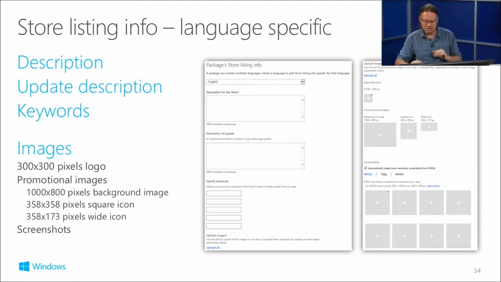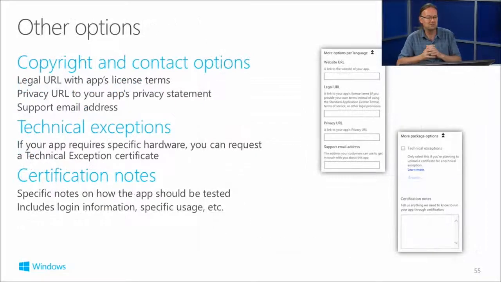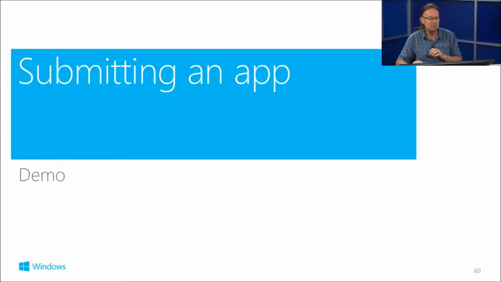So it's important to take the trouble to supply all this promotional material. You need to supply some legal URLs and privacy URLs and a support email address. And if you've got technical exceptions, like a username and password that needs to be submitted so the testers can test your app, you can add it in the certification notes.